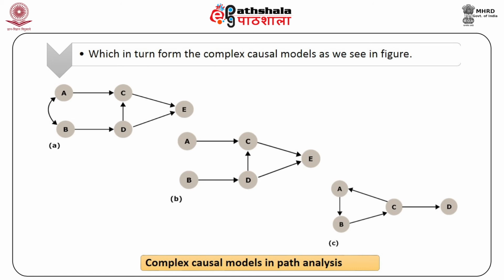As the word endogenous suggests, C, D and E are internal to the path model and are believed to be caused by other variables. Panel B in the figure is essentially the same causal model, but there is a difference as the variables A and B are uncorrelated.